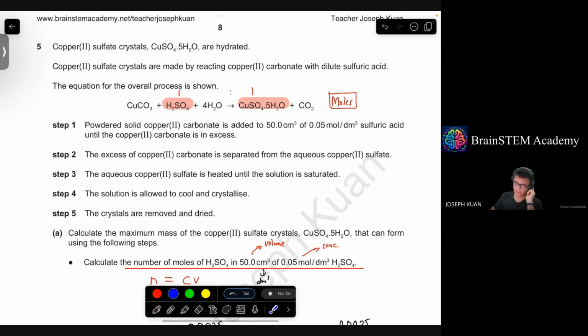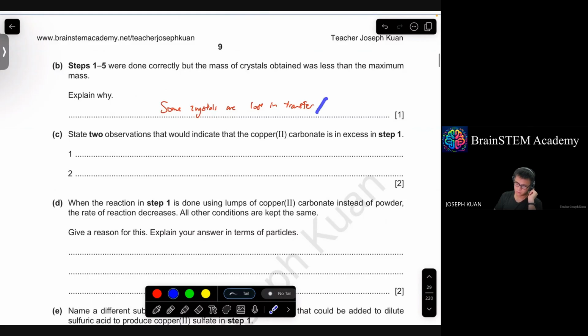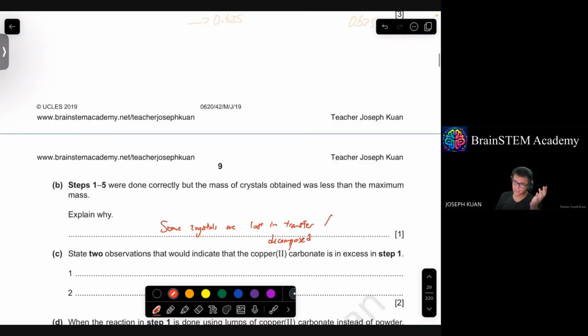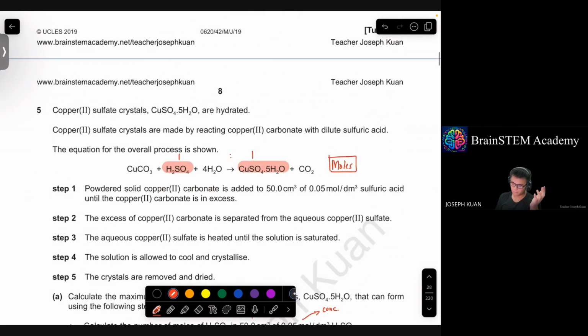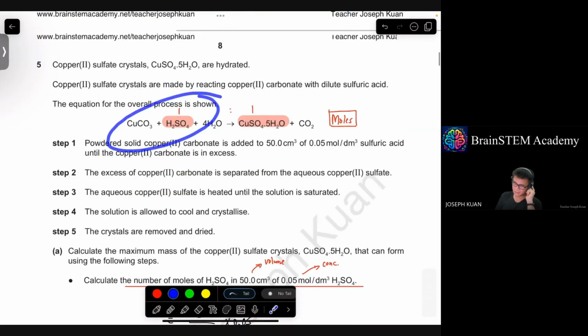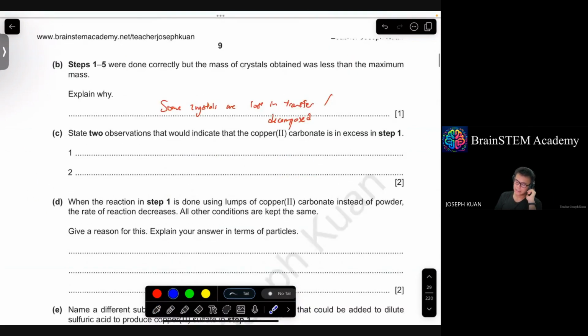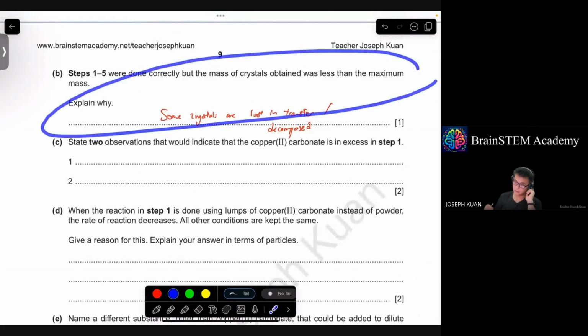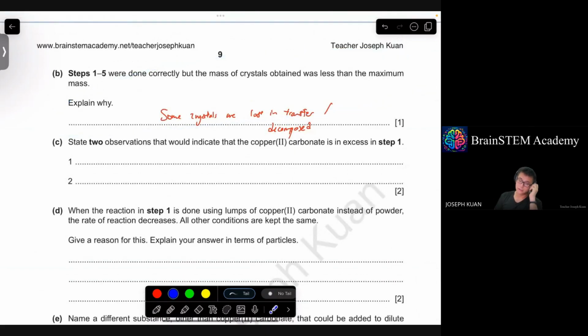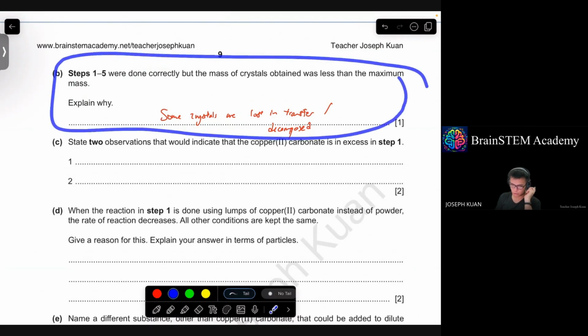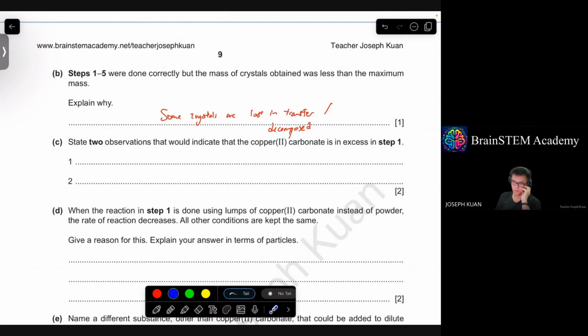We can also say that some of it may have decomposed, because essentially it takes time to do all of the steps. Some of it might have broken down in the process. And maybe some of the materials didn't form any crystals. There are many possibilities why the yield is not 100%. It's almost impossible to get 100%.